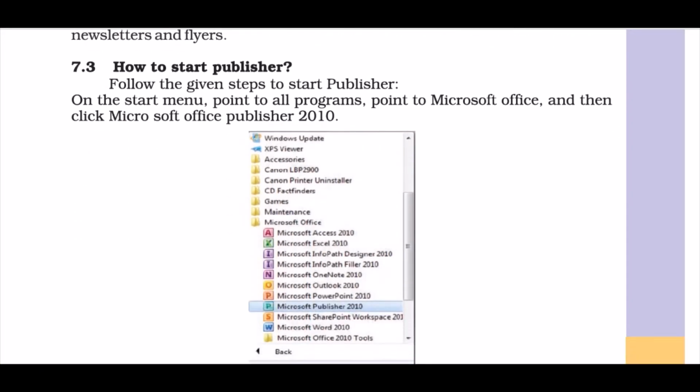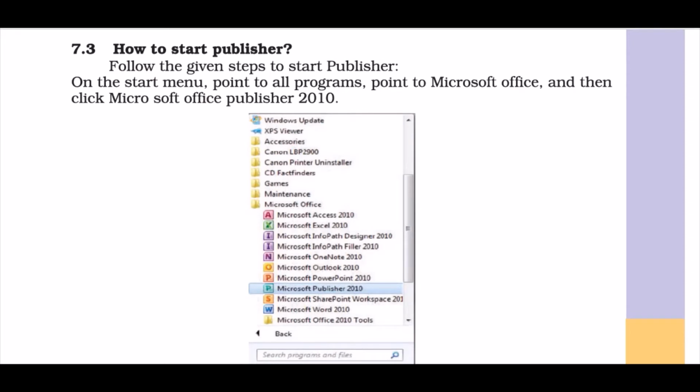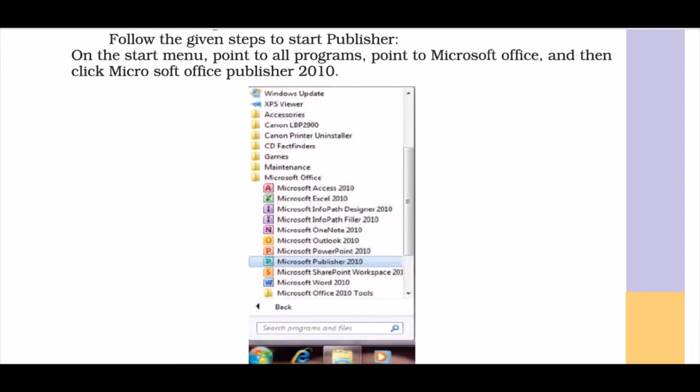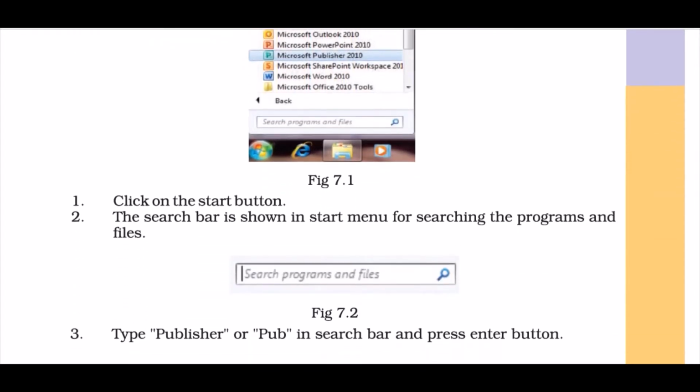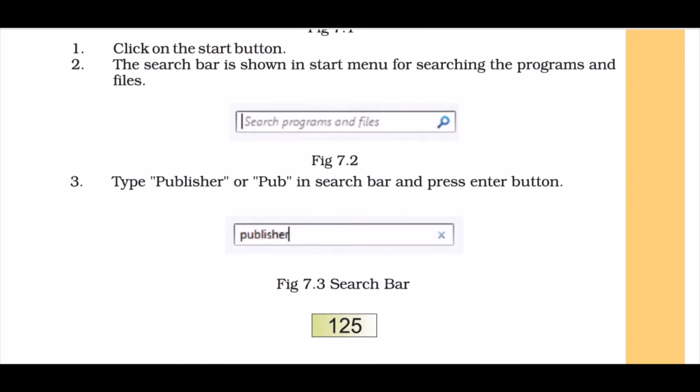How to start a publisher? Like we do for Microsoft Word, we click on the start menu and then click on Microsoft Office, and there will be Microsoft Publisher. You click on it. Or from the keyboard, we can just click search and write publisher.